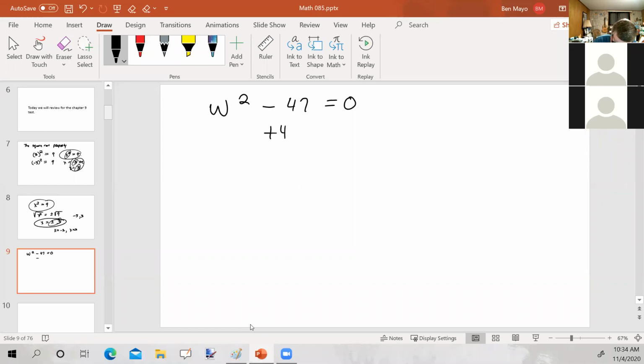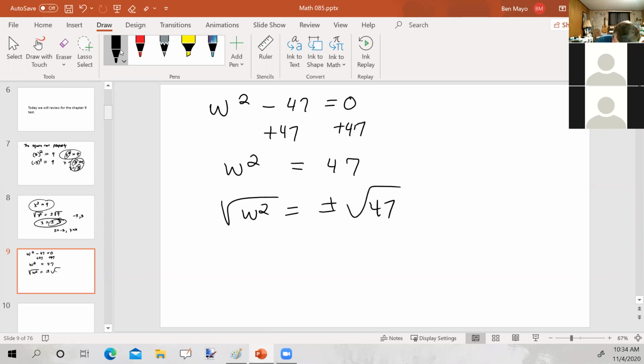I will do that by adding 47 to both sides of the equation. Now, using the square root property, I will take the square root of both sides of the equation and apply the plus or minus. So I get W equals plus or minus the square root of 47.